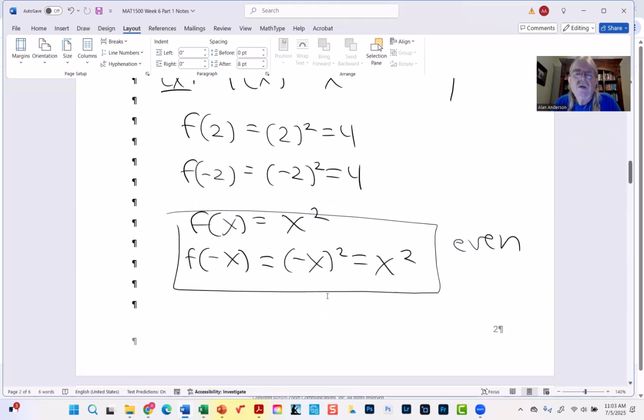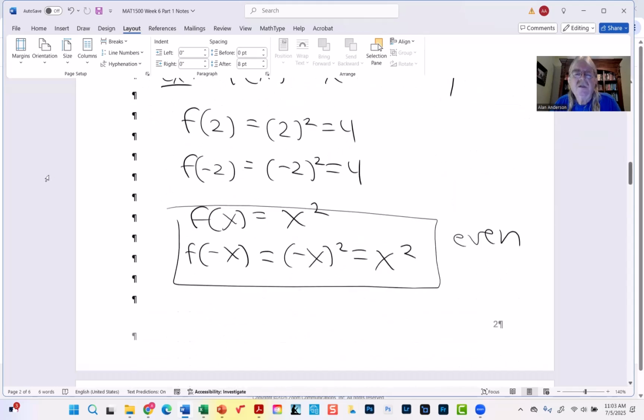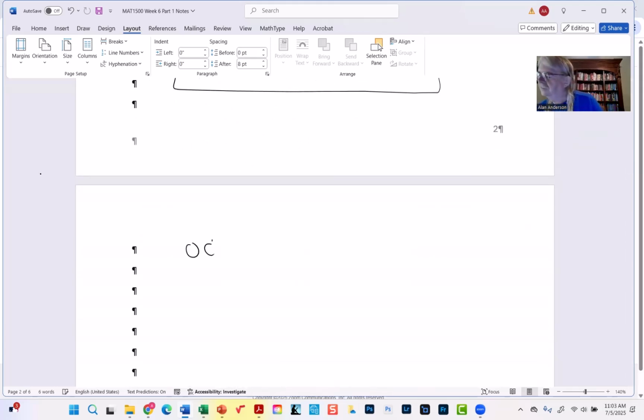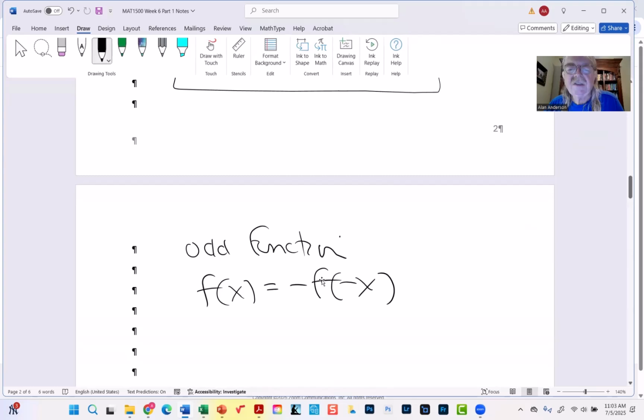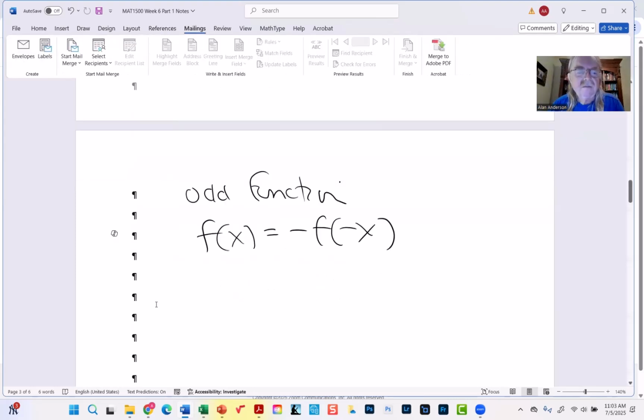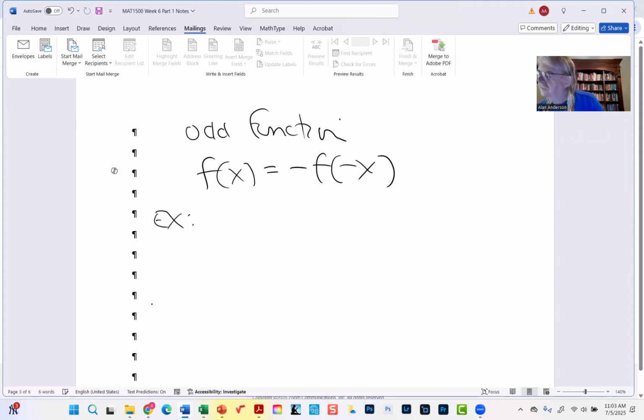And what is odd? Well, instead of this, we have this. Instead of f of x equals f of negative x, we have negative f of negative x. All right, let me just neaten that up a little. And so let me show you an example of this. Actually, let me just write it, just to be consistent, as f of x.